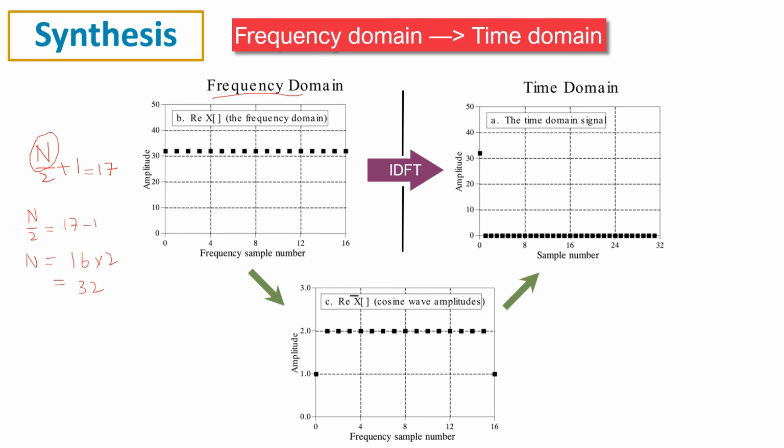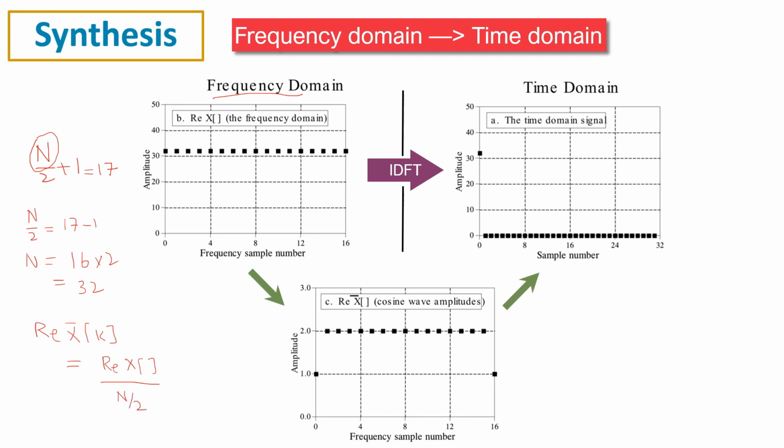32 means that in the time domain the total must be equal to 32. So here, each point, like in the previous slide, you saw that, for example, Rex of k was equal to Rex of k divided by n over 2.